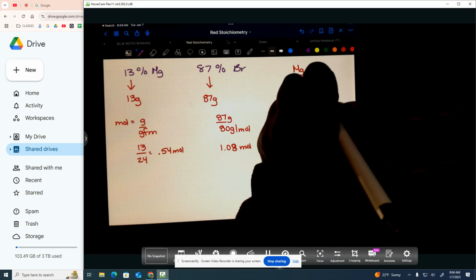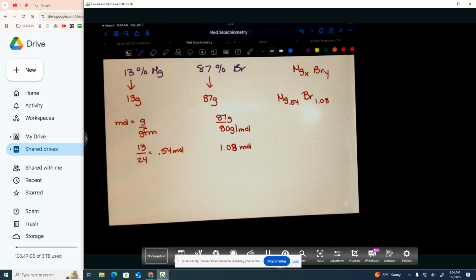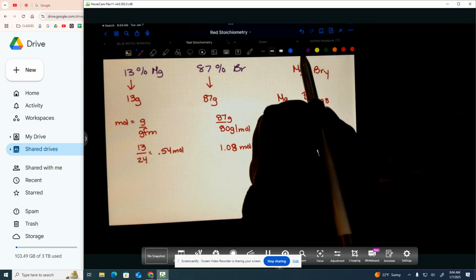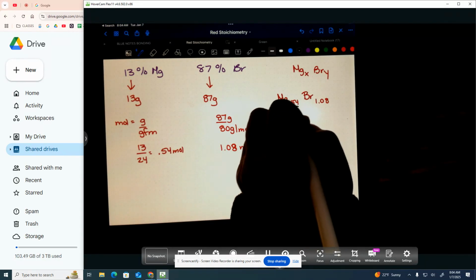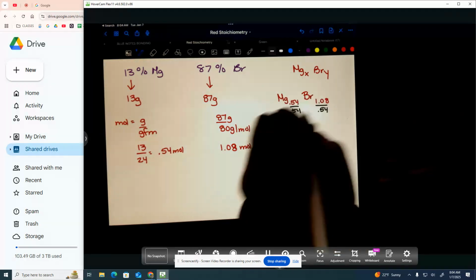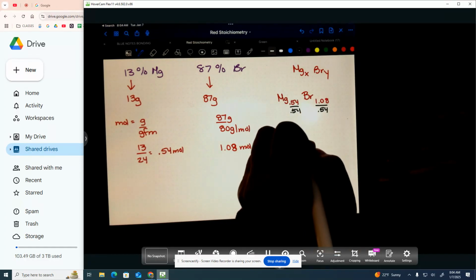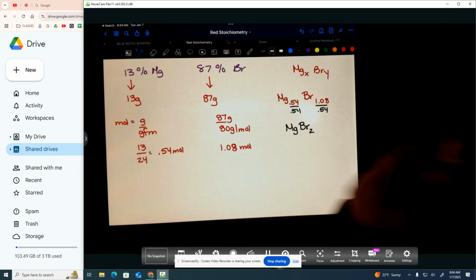Bromine is 1.08. These are not smallest whole number ratios, so how do I get rid of that? Divide by the smallest one. And you get magnesium 1, bromine 2. Is that what you got? Okay.